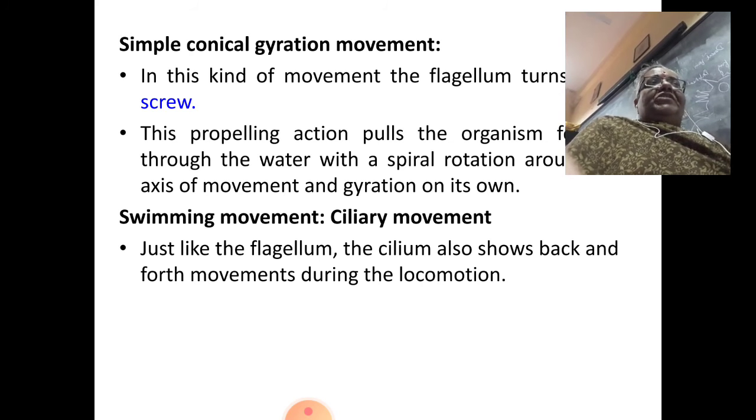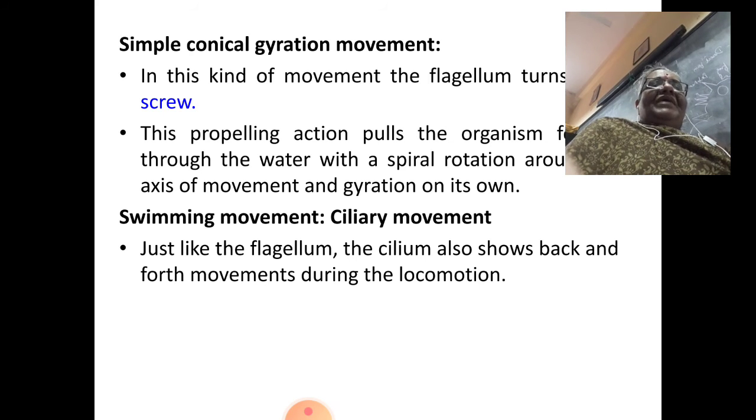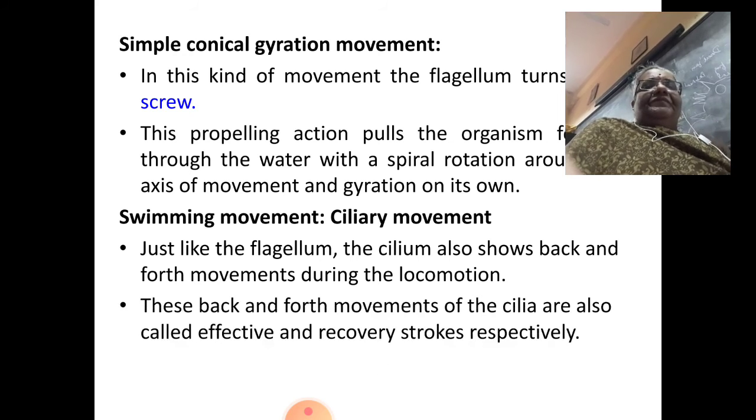In my previous lecture, I have also told you the differences between a flagellum and a cilium, but structure wise they remain almost same. So, the cilium also shows back and forth movements during locomotion.